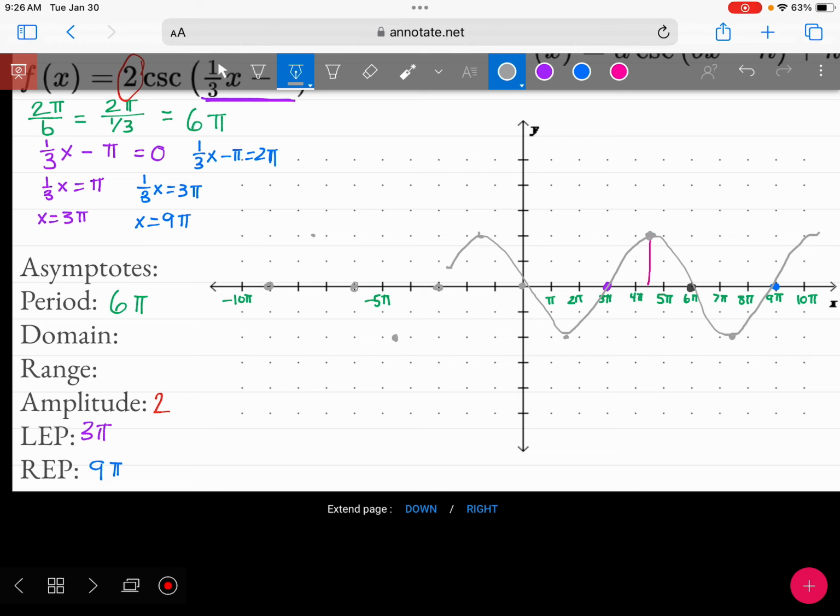Why did I go down? Oh, no, there we go. I see it, because I started from my right endpoint. It goes up here. There we go. So that's our sine.